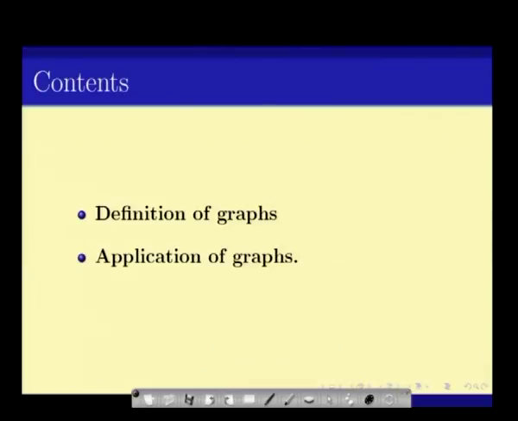Now, what is a graph? Many of us think of graphs as a plotting of some line on an xy plane. This is a class of object where we have some set of elements or vertices, say v1 to vn, and there are edges.